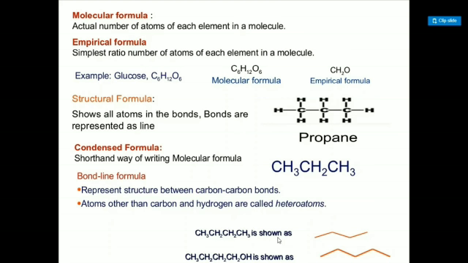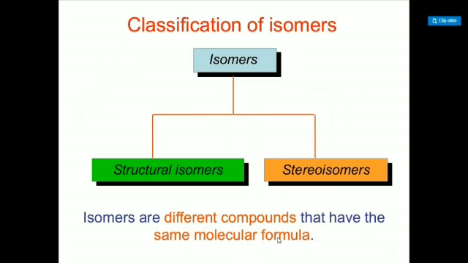One is CH3, CH2, CH2, CH3, that is butane, other is butanol. Here carbon-carbon bonds or hydrogen or any other atoms are not given. Only line structure is written, that is called bond line formula.